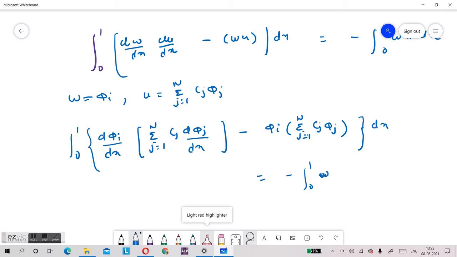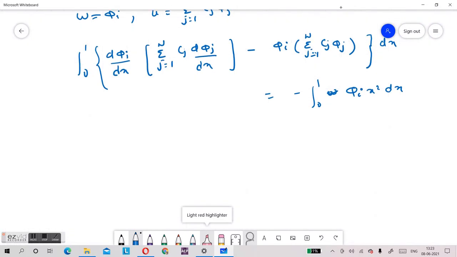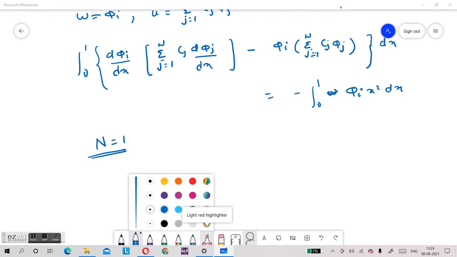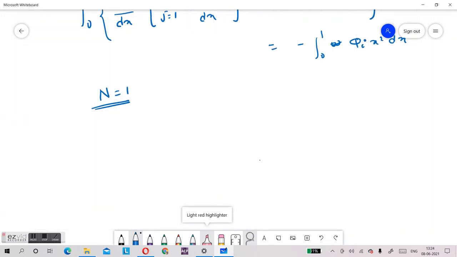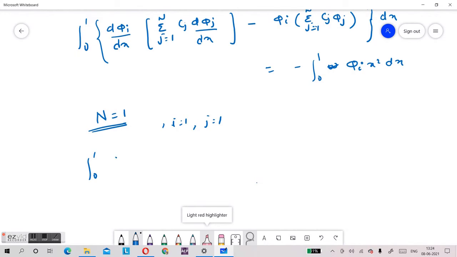If we take n equals 1, just initially, then i equals 1 and j equals 1 also. So it will look like d phi 1 over dx. This is a simple method I am solving. If you consider any book, they solve it in a very difficult manner and very briefly, so you will not be able to understand it.